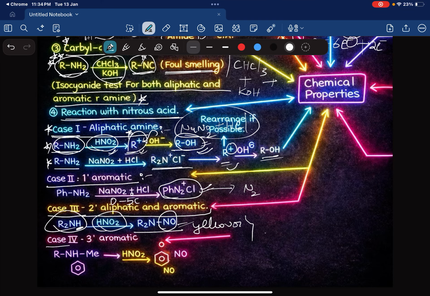Coming to the next one, case 4. A tertiary amine, tertiary aryl amine with HNO2 will get, so we can get this compound.